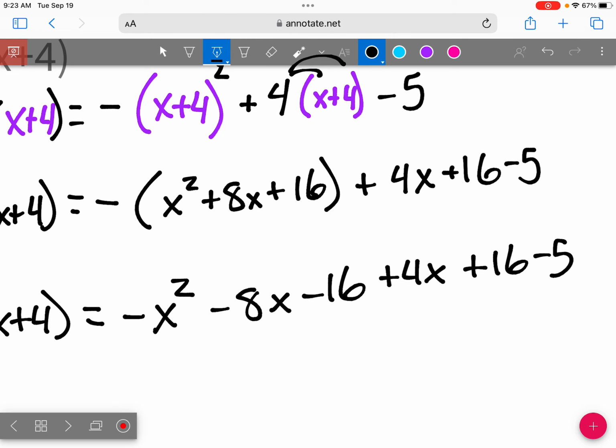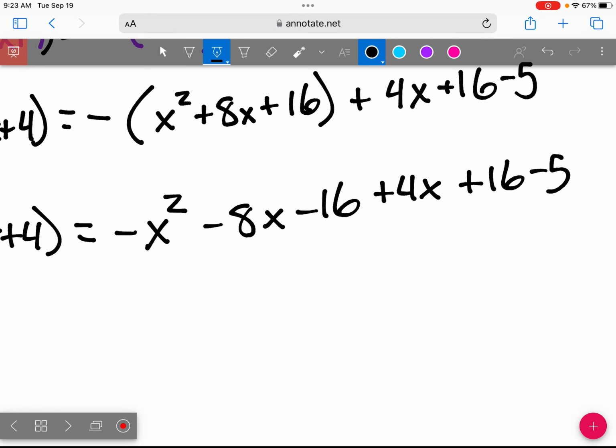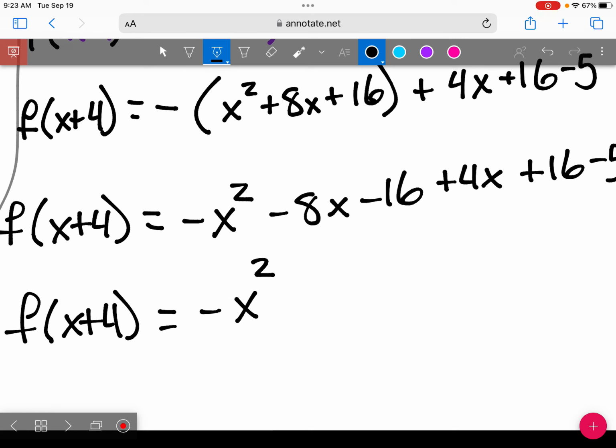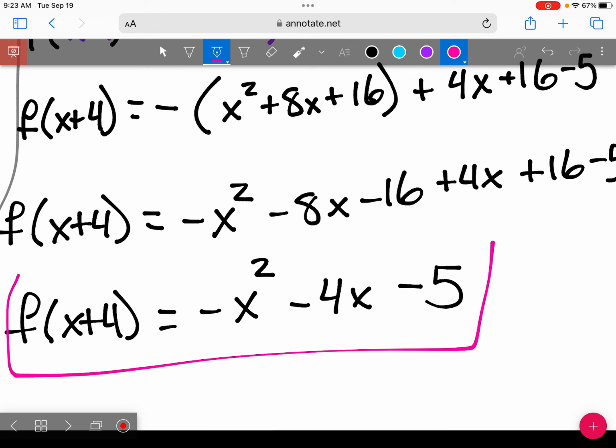But that is very tilted. So f of x plus 4 is, what's our simplified answer? Negative x squared minus 4x minus 5. That is f of x plus 4.